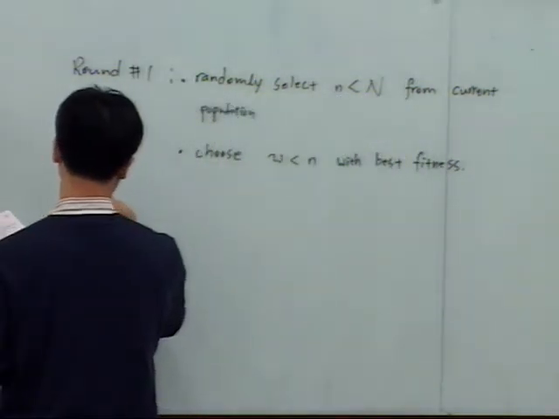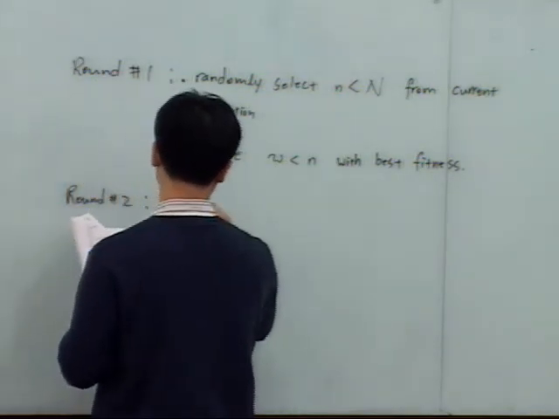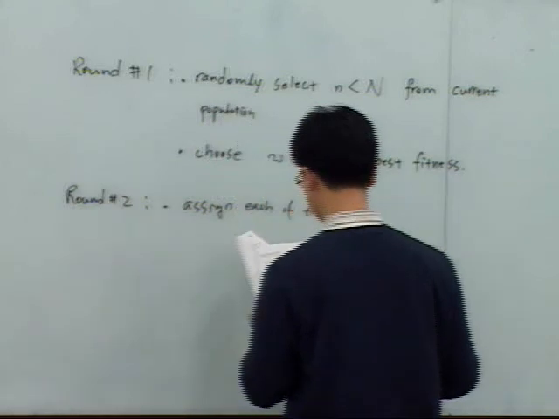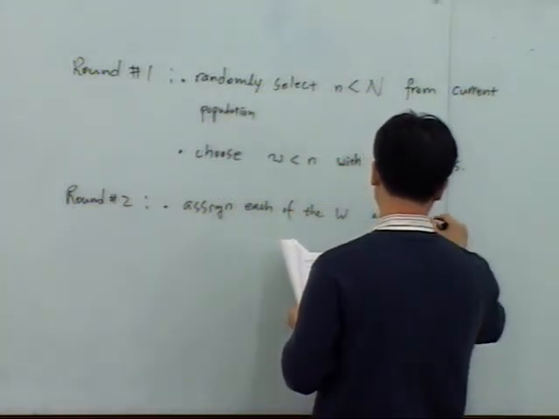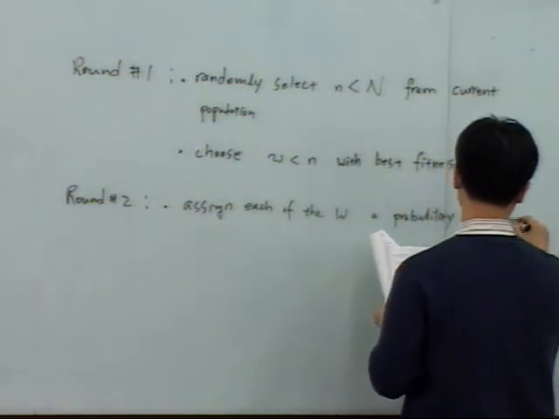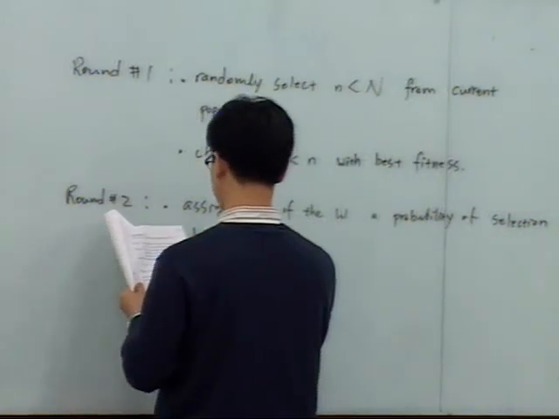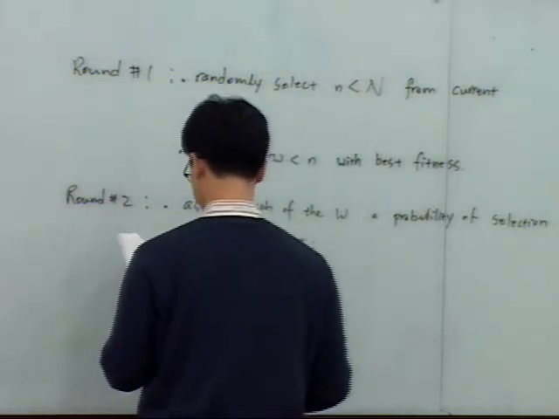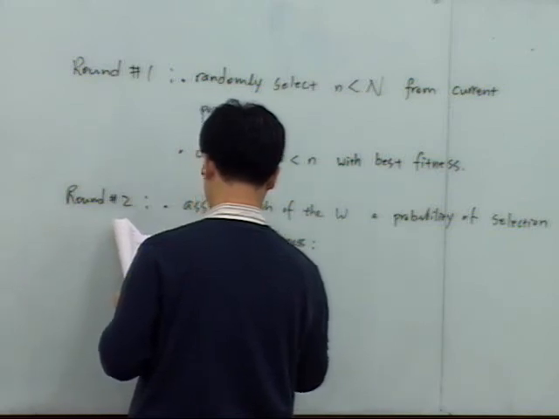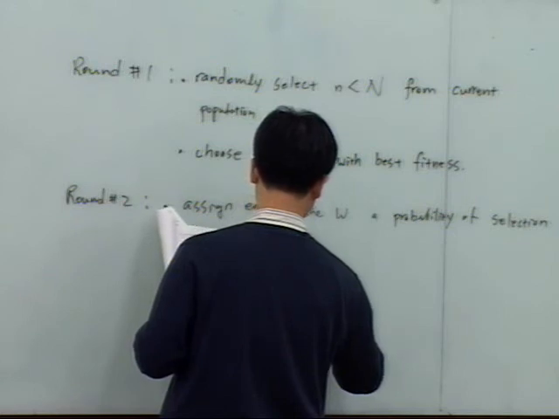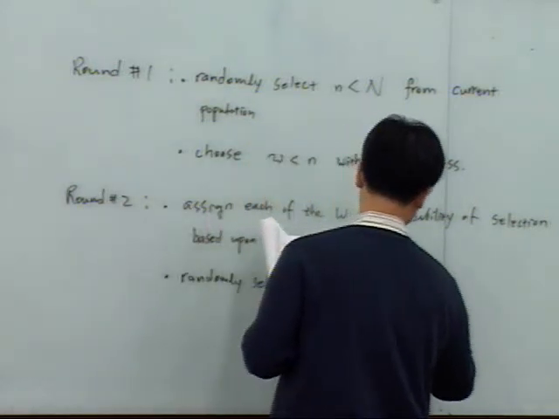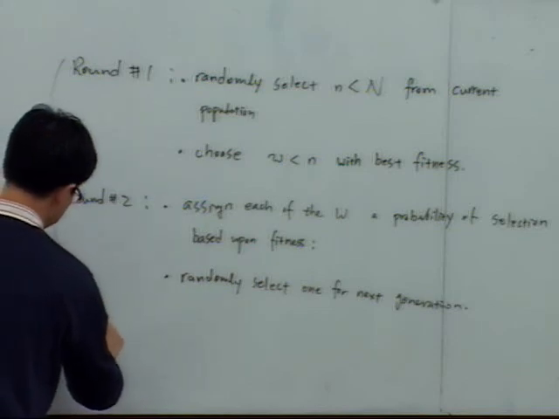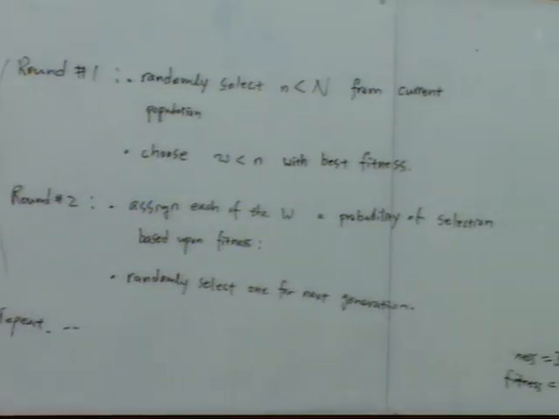Run number 2. Assign each achiever a probability of selection based upon fitness, and you can repeat as you want. The thing is like that.